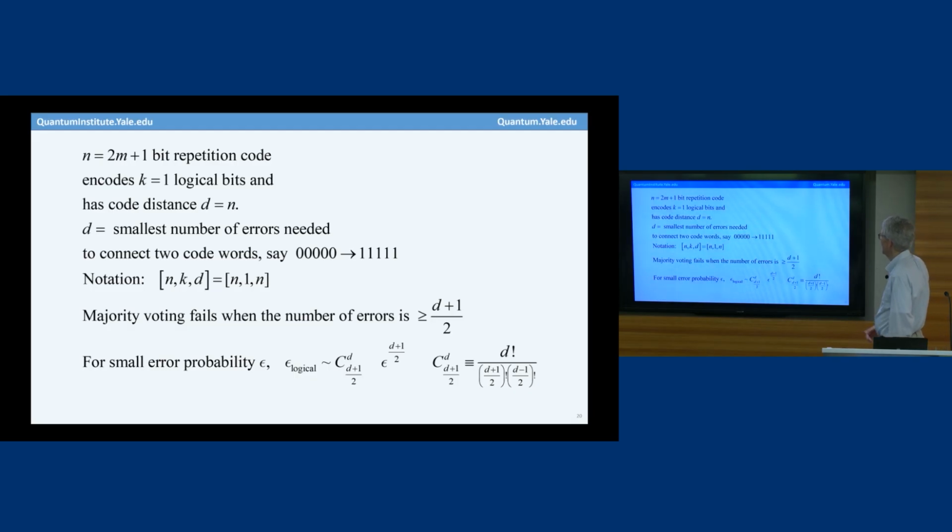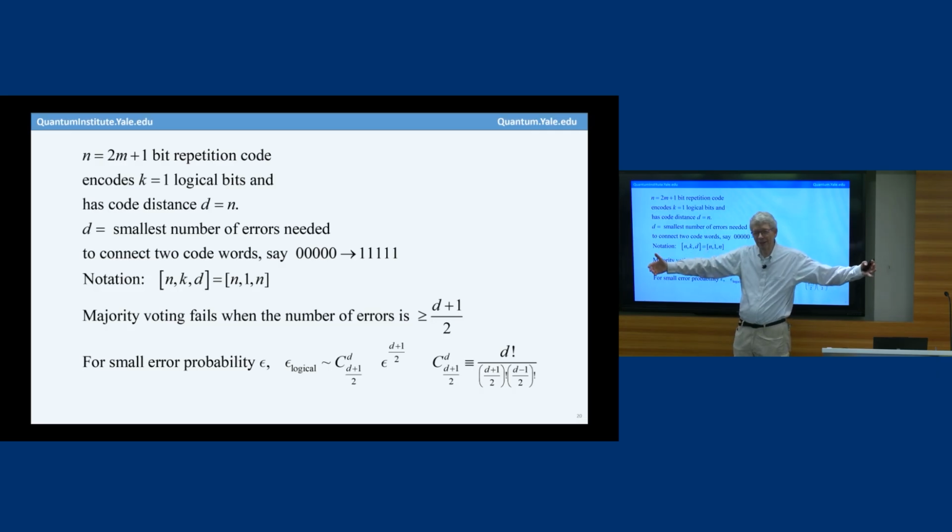Okay. So now, that was good. Why don't we make a repetition code with 5 or 500, and get really, really sure? We have to take an odd number so that there are no ties. So we'll say the number of bits is 2m plus 1. The code encodes 1 logical bit.